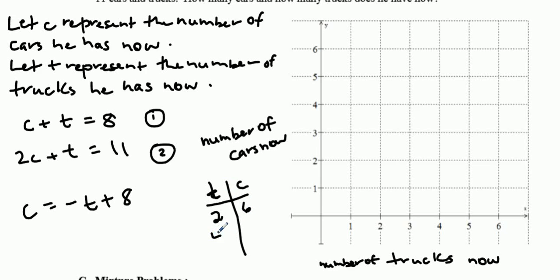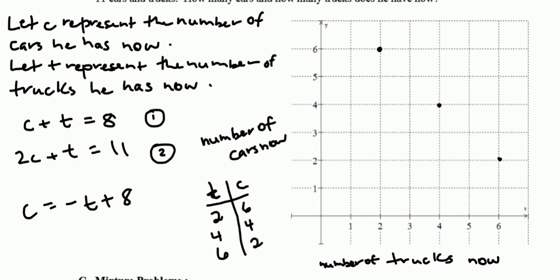If t is 4, then this is going to be 4. If t is 6, then we've got 2. So I could graph any of these points, so 2, 6, 4, 4, and I could go to another point, 6, 2, and you can see I have a straight line there.